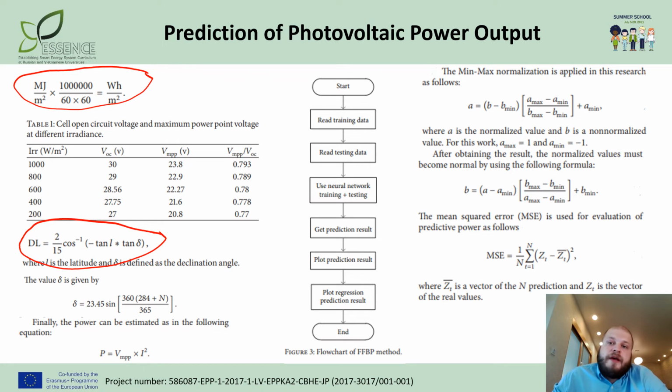As shown in the figure, the prediction results are based on reading the testing and training data and using the feed-forward backpropagation algorithm. Before the training process, all the data must be normalized. Various normalization methods are used for neural networks to increase the reliability of the trained network. Within the framework of this research, min-max normalization is applied to the dataset.